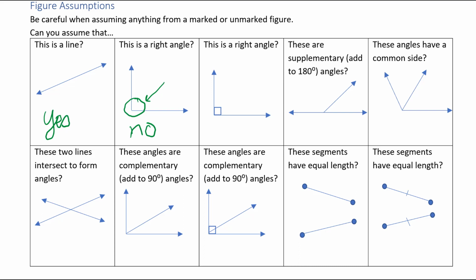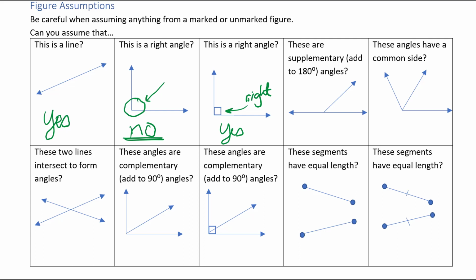So we're going to say no. Now the third picture, can you assume that this is a right angle? Yes, because it's marked as such. Okay, so because that's marked, that is a right angle, we can say yes, we can assume that.